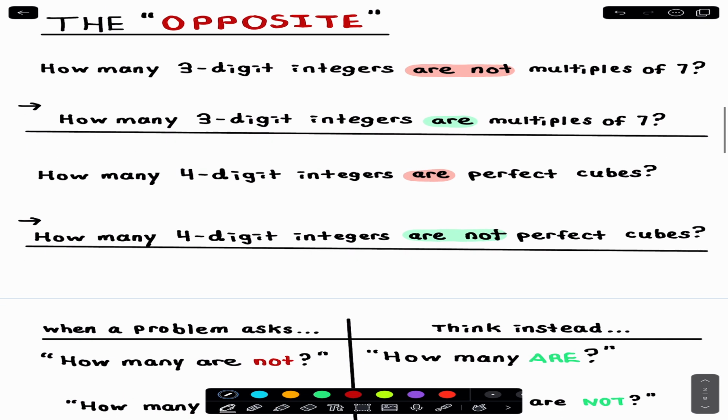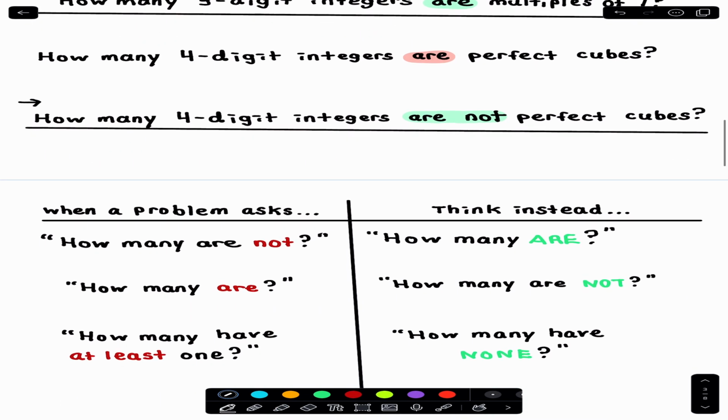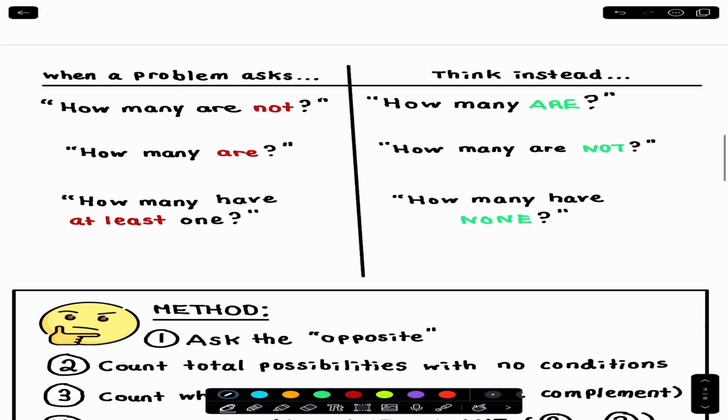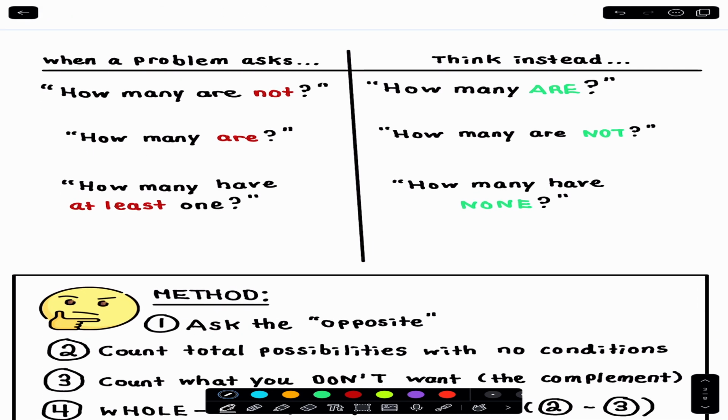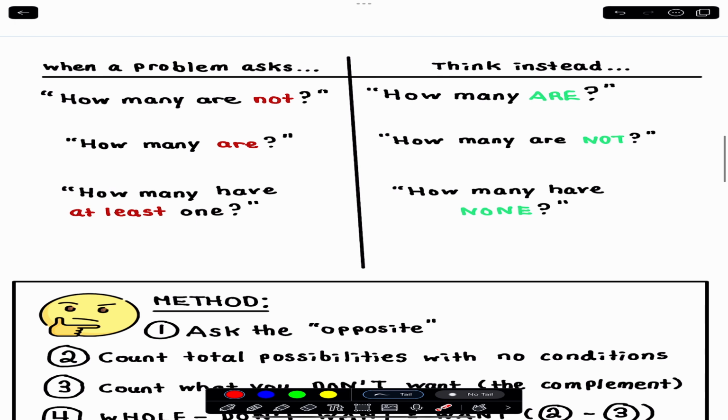Over here, I've given you a little handy chart for some of the most common phrases that a question can be worded. On the left side, when a problem asks "how many are not," I want you to think instead "how many are."